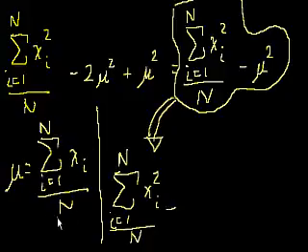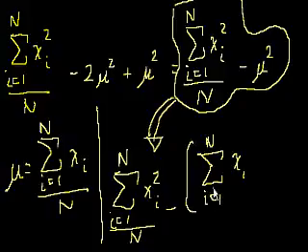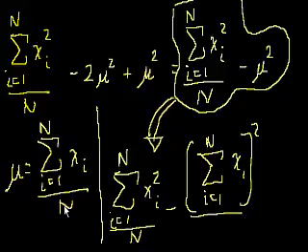So this thing squared. So this thing squared is what? Let's see, x sub i, take the sum up to n, i equals 1. You're going to square this thing, and then you're going to divide it by n squared, right?